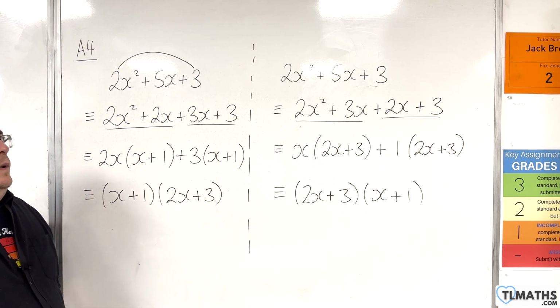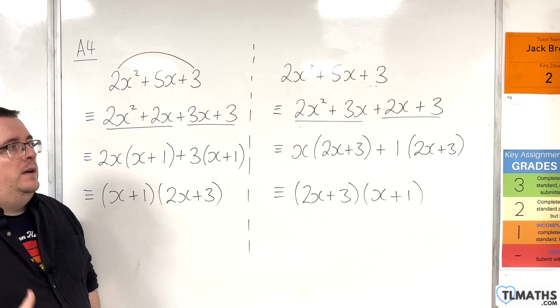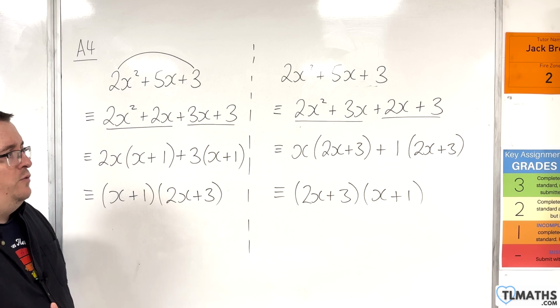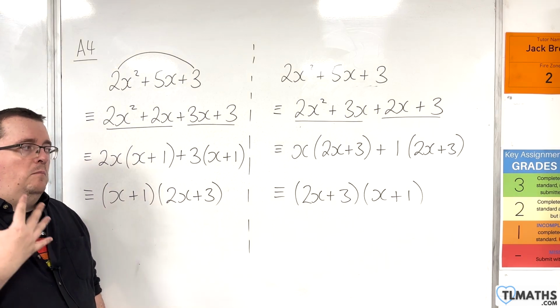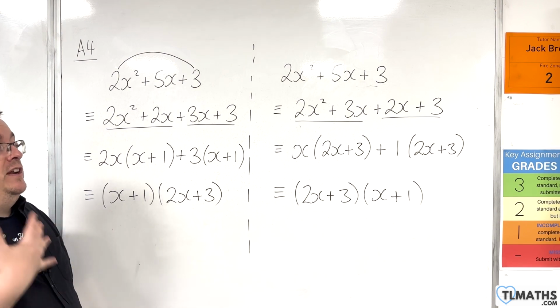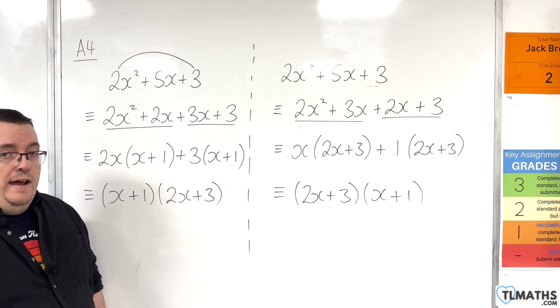So this is how we can factorise a quadratic of this form. It's a little bit more labour intensive than what we have been doing previously, but once you get the knack of it, it will become relatively quick. And I do say, in general, it's going to be quicker than just doing it by trial and error, okay?